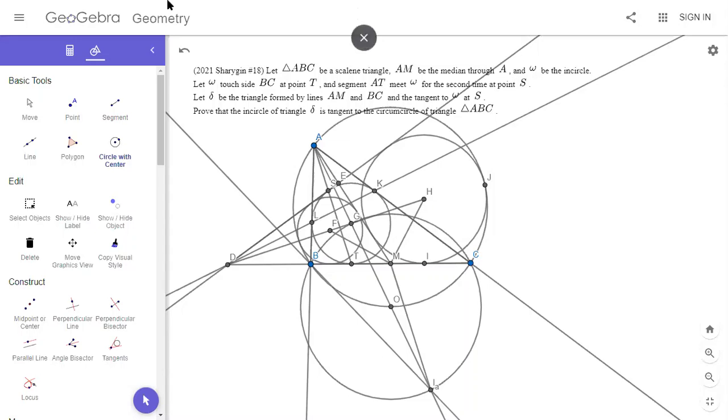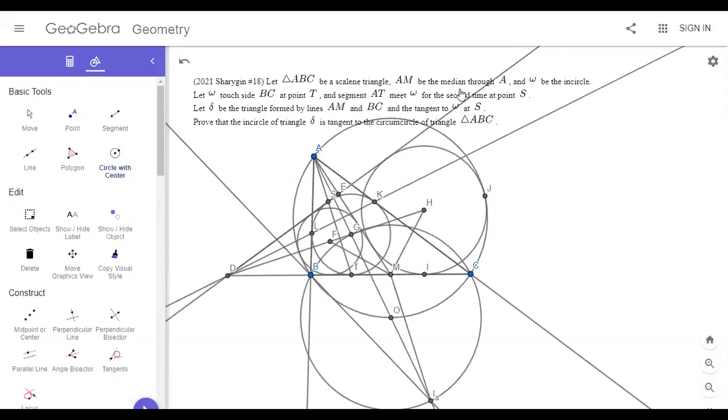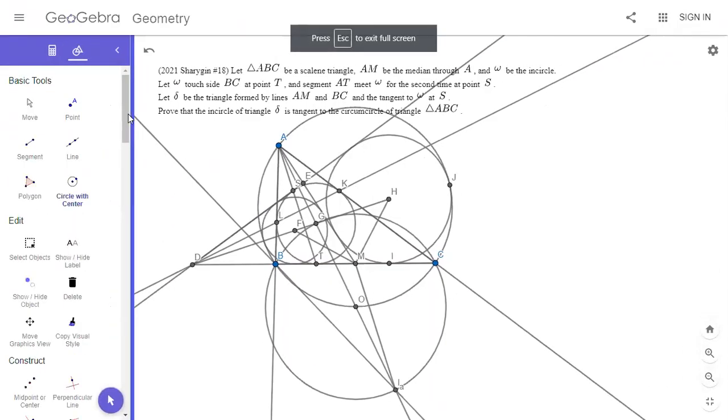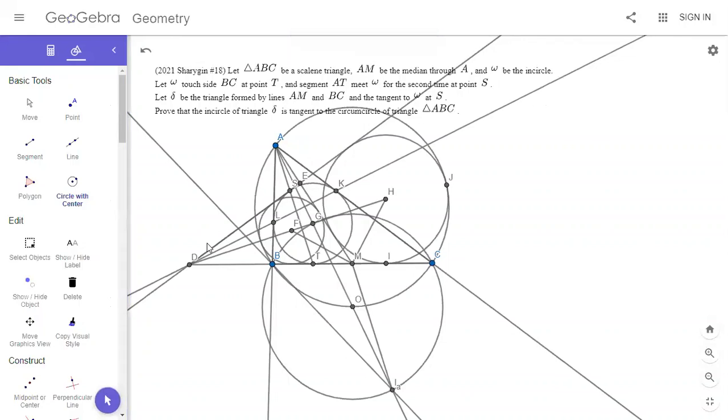Let's see. All right. Does that solve the problem?